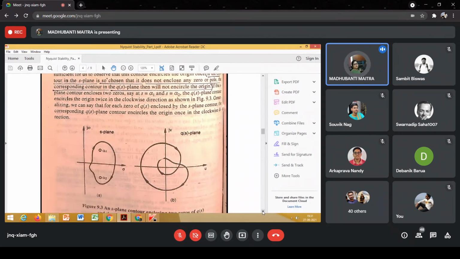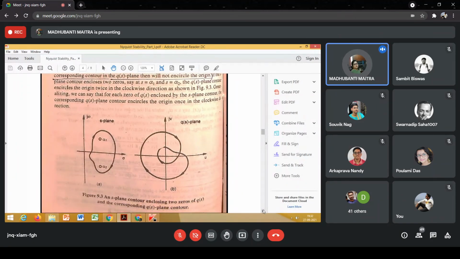Hence, the corresponding Q(S) plane contour, just try to follow the cursor, will now encircle the origin of the Q(S) plane twice in the counterclockwise direction. Have you understood this? Yes, ma'am. Again, we are not really interested in the shape of the Q(S) plane contour. It doesn't provide us any information.